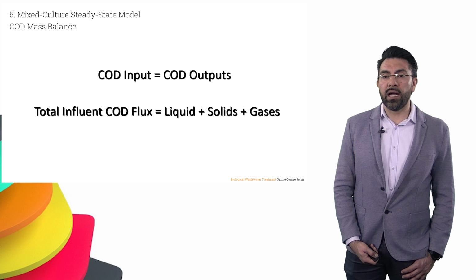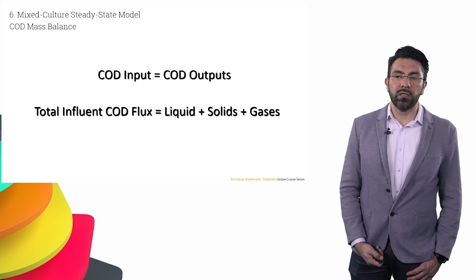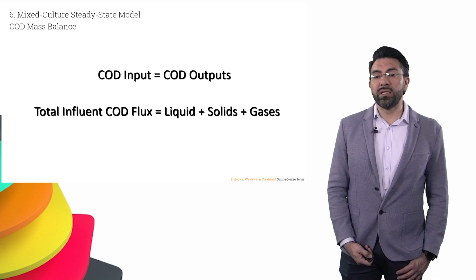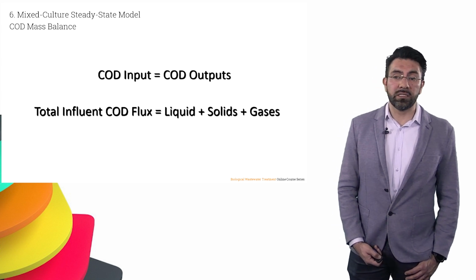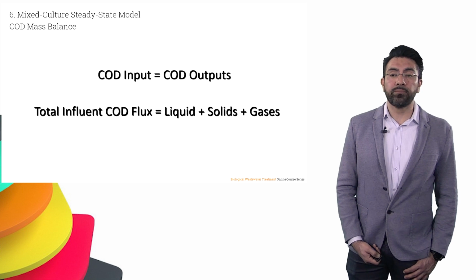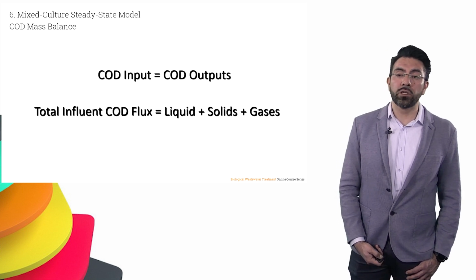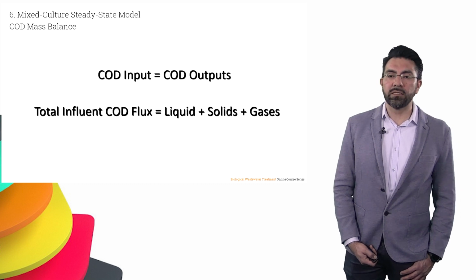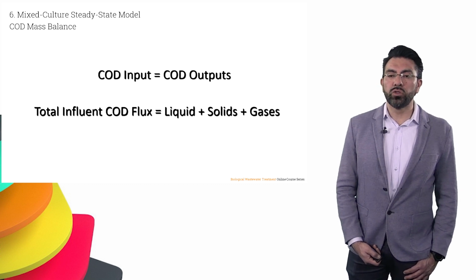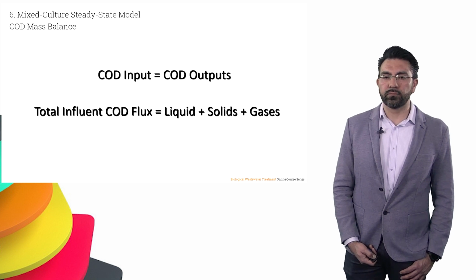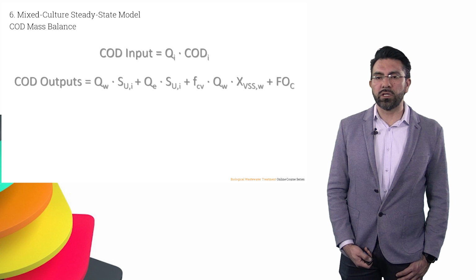In the end, we cannot consider certain COD gases leaving the system, but we do take into account the amount of oxygen that the system needs for the oxidation of the organics. And this is more or less the gas phase that contributes in a certain manner to the removal of COD or the oxidation of COD from the system. And that is directly proportional to the oxygen consumption.